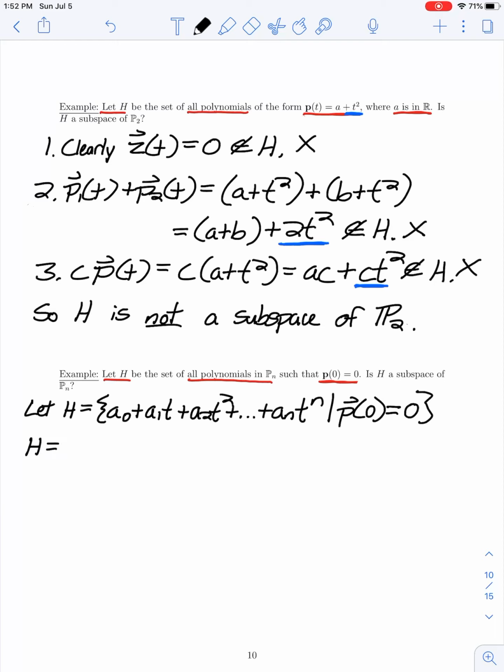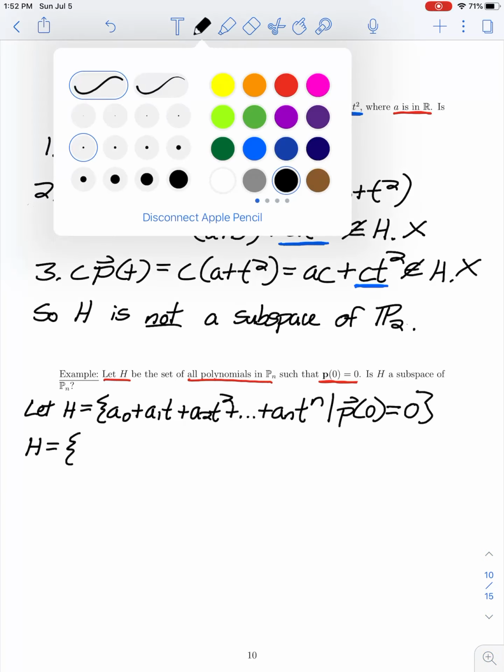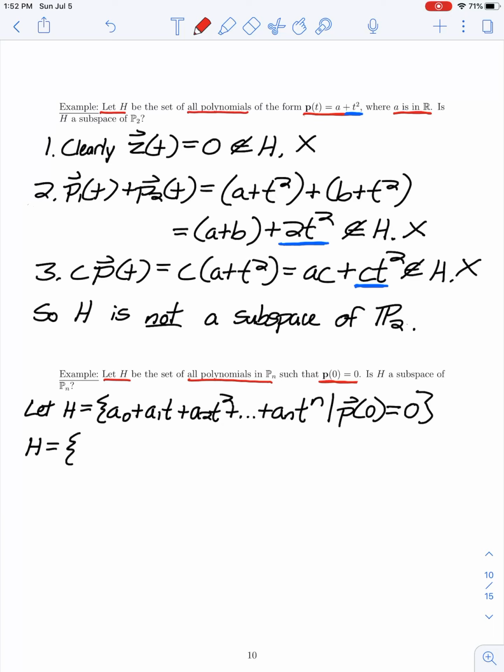So let's think about another way to write out this set. In order for p of 0 to equal 0, let's think about another way to describe that condition. If we let t equal 0 in any polynomial within that set, we see that the terms t squared, up through t to the nth, all become 0. And the only value that we're left with is our constant coefficient, a0.